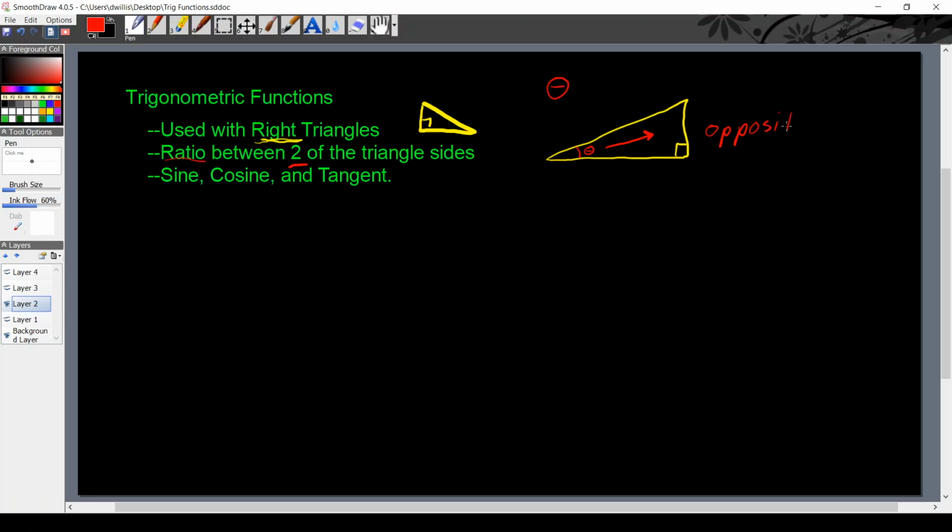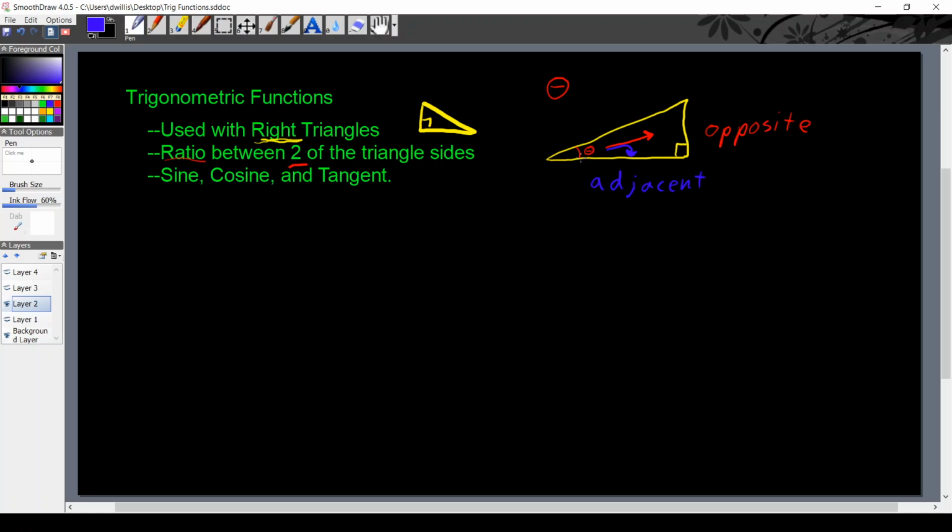I'm sure you can figure out why, because it is opposite or straight across from theta. The one right there is the opposite side.